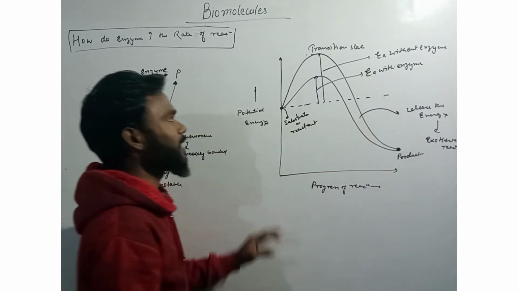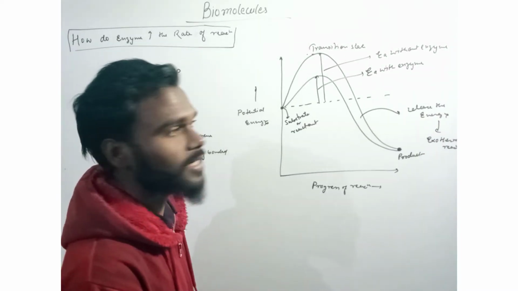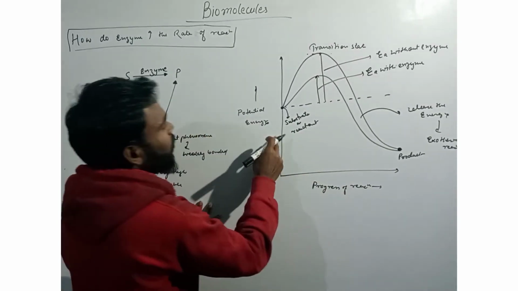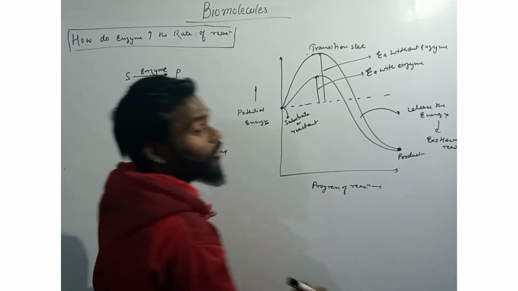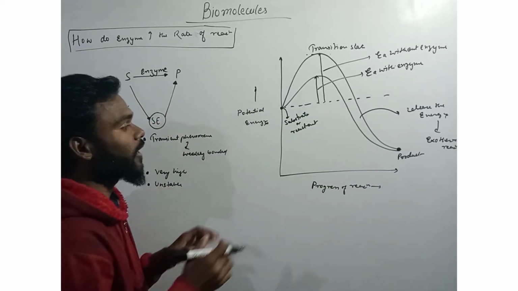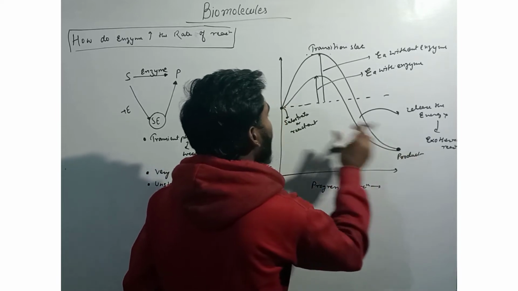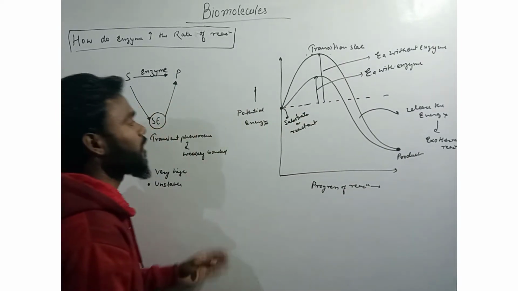When talking about the transition state in terms of energy, the transition state contains the highest energy, followed by the substrate and the last one, the product. But when you're talking about stability, the product is the most stable, followed by the substrate, and the last one is the transition state.